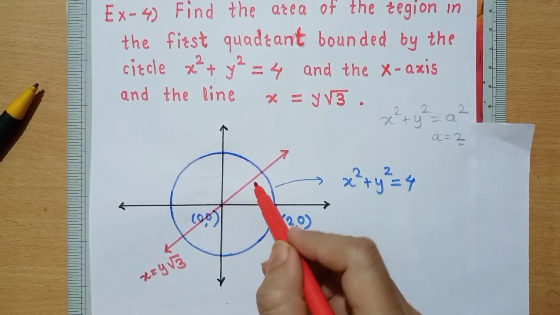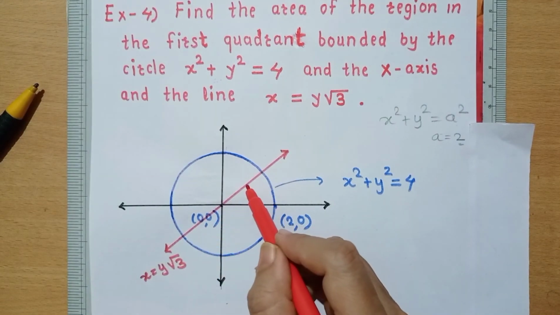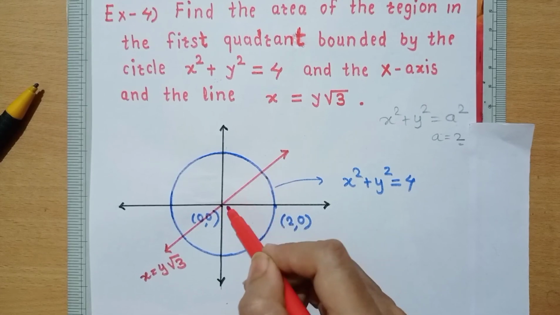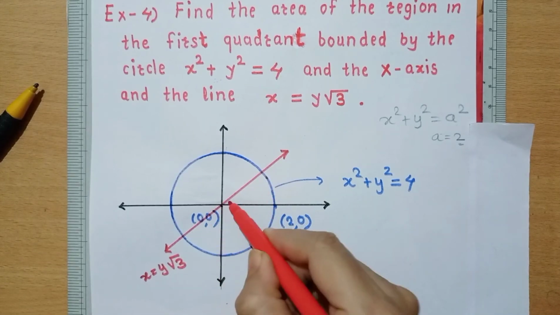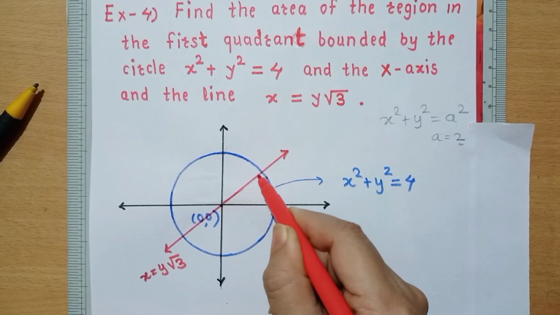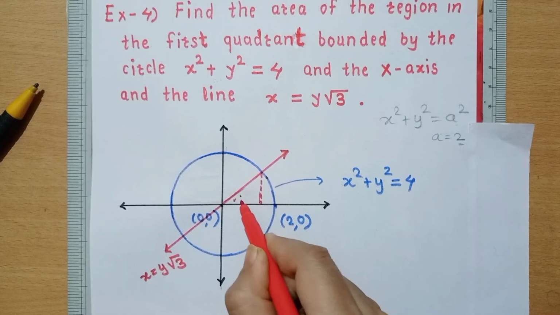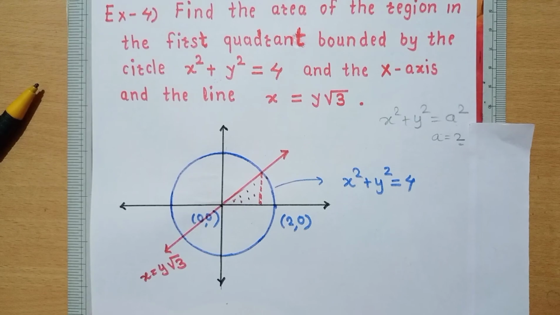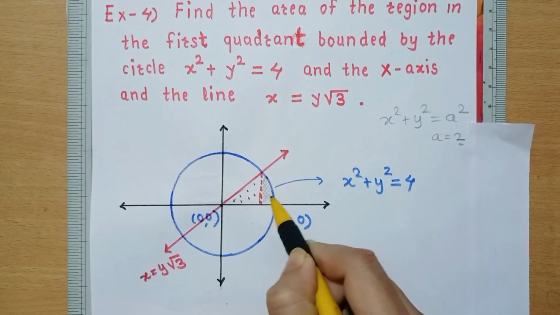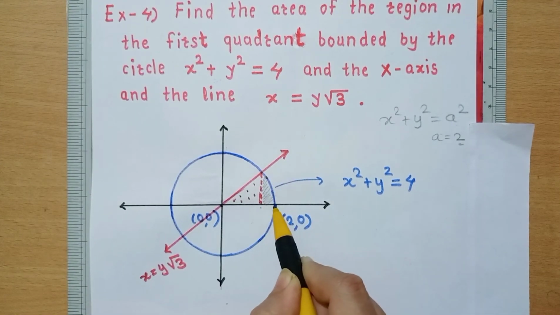And we have to find the area enclosed between this circle and this line, that means this area. For that, first we will find the area under the line, then we will find the area under the circle from this point to this point.